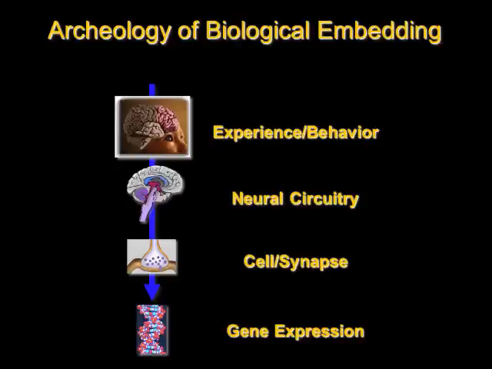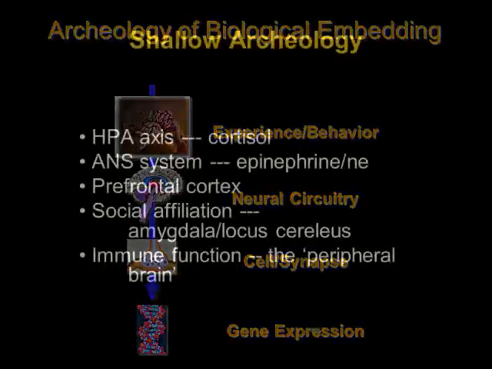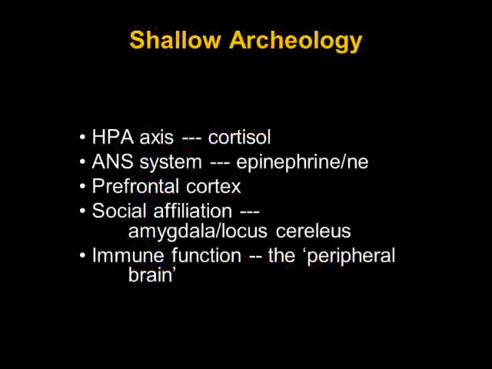The way I've been spinning this is to talk, first of all, about a kind of shallow archaeology. In other words, what is going on at the level of the systems that have been called the transduction systems, the systems designed to relate between you and society. First, the hypothalamic pituitary adrenal axis, which is one of the systems that deals with stress and cortisol.